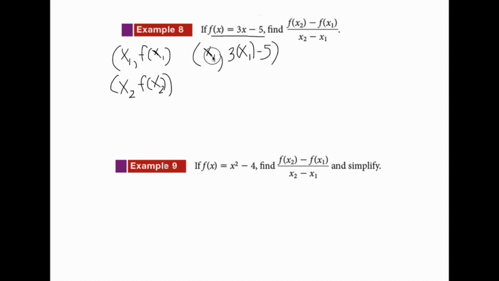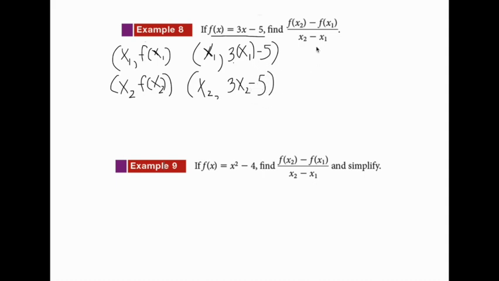So here's our generic value of x. Here is our generic value of y. Then when we do the same thing with x2, we're going to have x2. And then when I plug in x2 in here, we're going to get 3x2 minus 5.